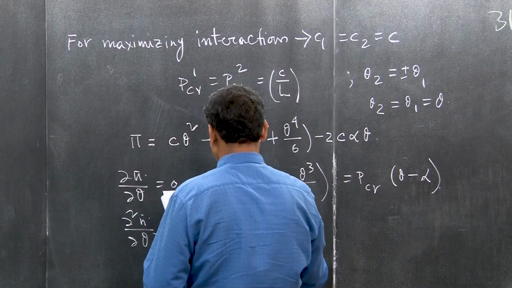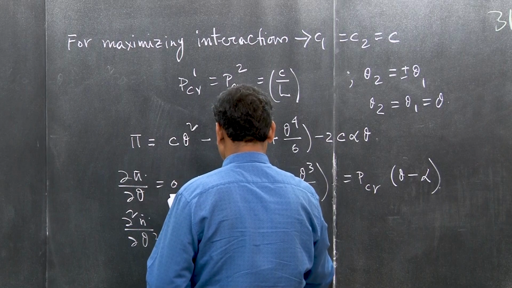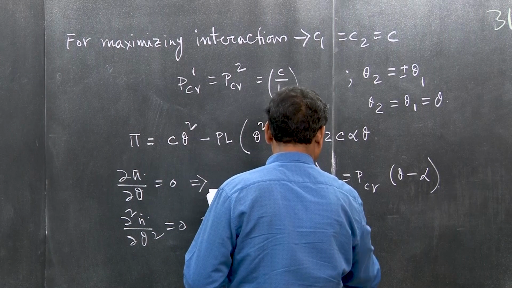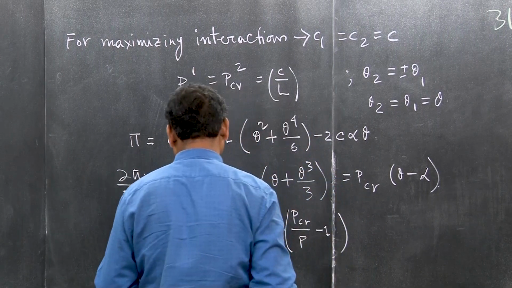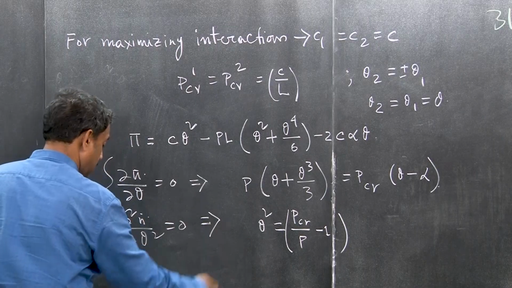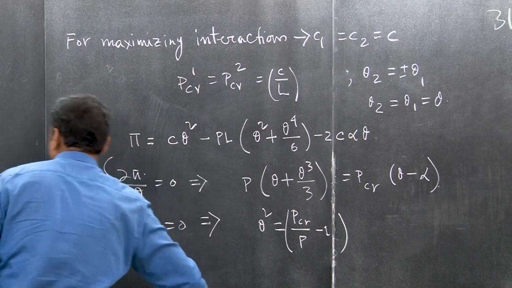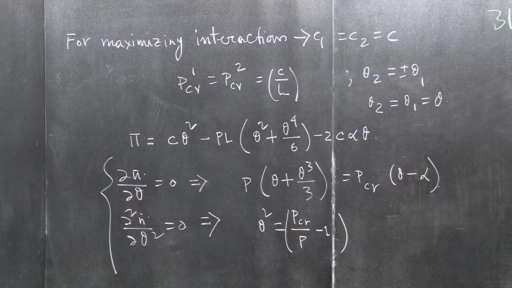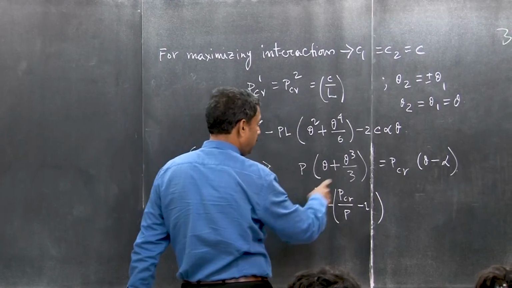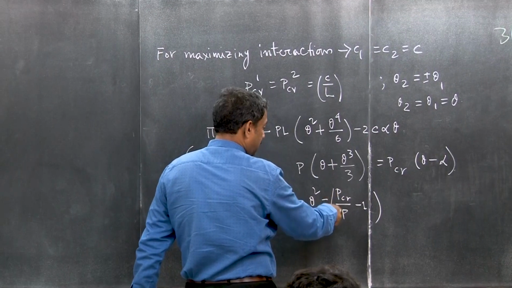This will give you theta square equal to PCR by P minus, and you can see whether these expressions are correct. Okay. So, from these two you see that. Okay. Now, what we are going to do for modal interactions, what we have done is just to show the imperfection sensitivity. So, we will just substitute, you see that PCR by P.